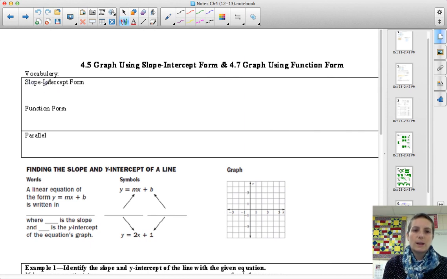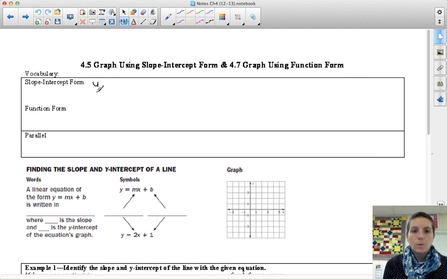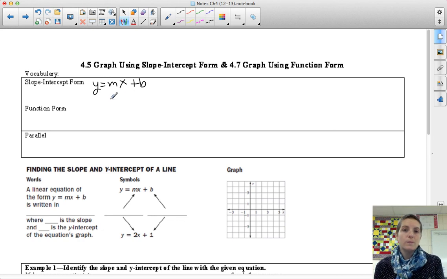Remember when we see this phrase, slope-intercept form, we're talking about y equals mx plus b. It's that format. It's the shape of your function form. When we see it, we're not really going to see m and b.